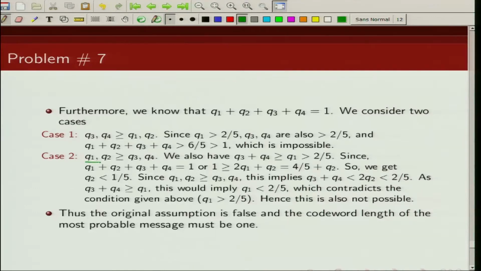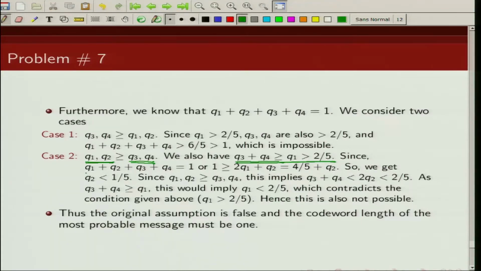Now let's look at case 2. So here we assume Q1 and Q2 is greater than Q3 and Q4. Now we also have Q3 plus Q4 to be greater than Q1, otherwise we would have joined them. So Q1 plus Q3 plus Q4 is greater than Q1, which is greater than 2 by 5.